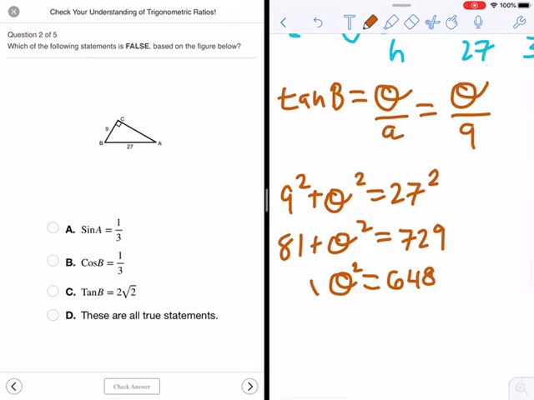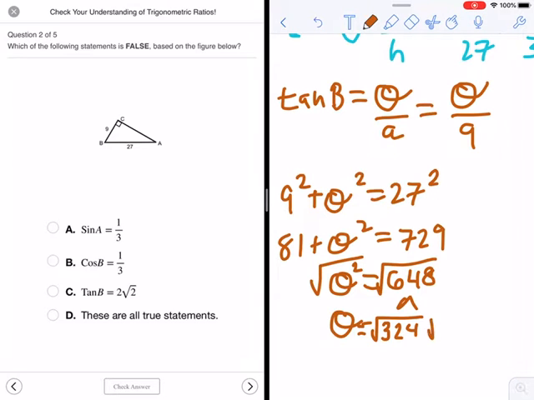Ooh, see, sometimes us teachers take a while to find the largest square factor. So this is actually going to break up into 36 times 18 radical 2. Okay. Took a lot.